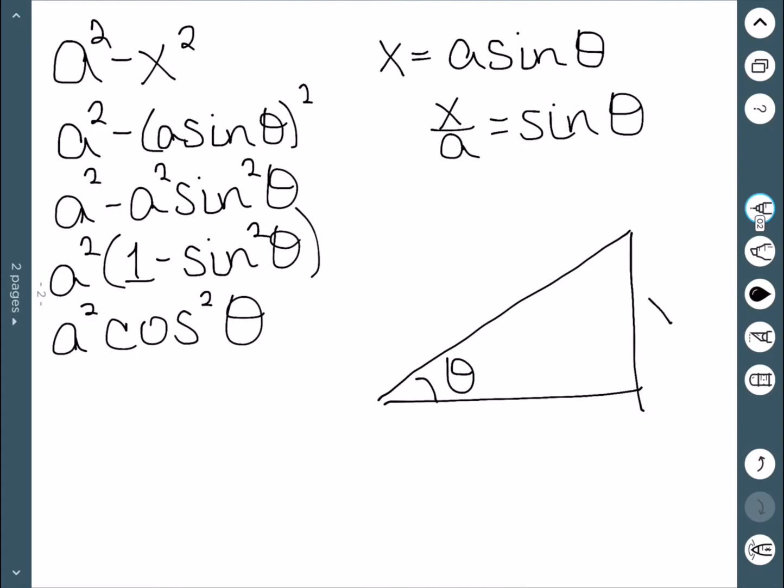So we have our opposite and our hypotenuse. The Pythagorean theorem then gives the last side as the square root of a squared minus x squared. And we'll have to use this triangle to substitute things back in.